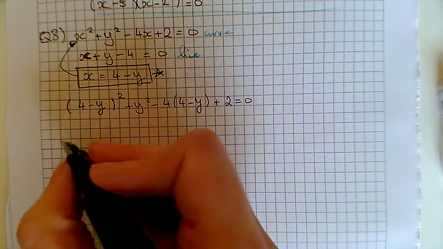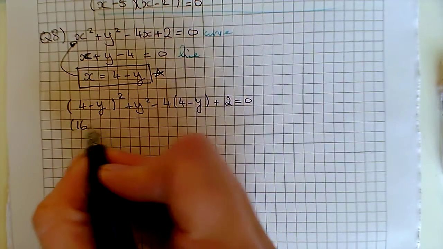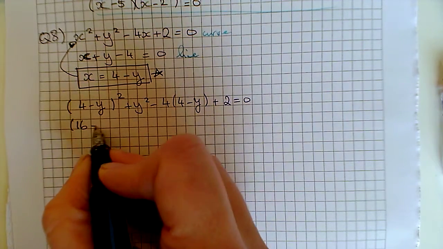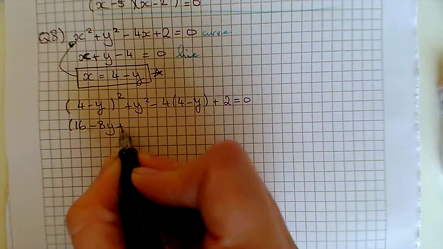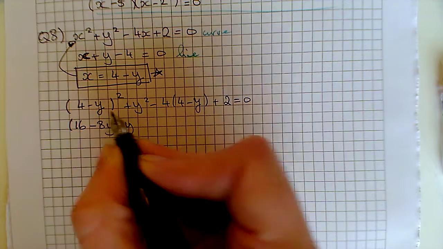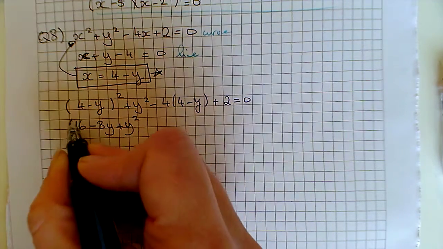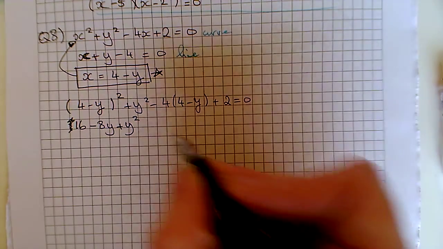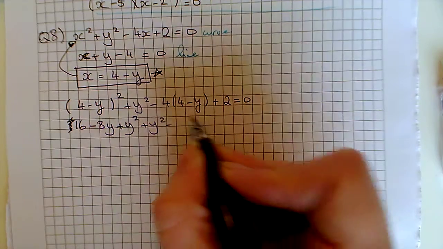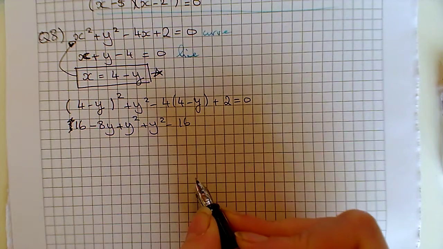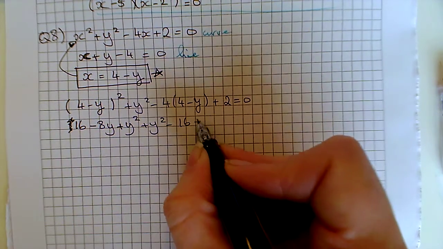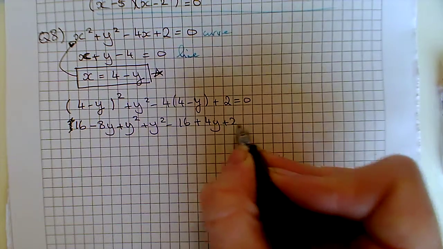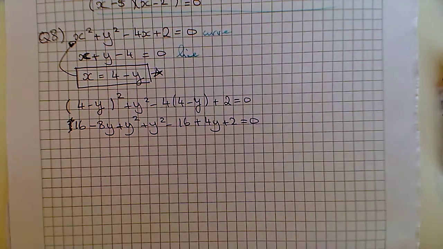Let's square out these brackets. 16, double the product, minus 8y, a minus y squared is a plus y squared. Squared out, the brackets are gone. Plus y squared, minus 4 by minus y, minus by minus is plus 4y, and minus 4 by 4 is minus 16, plus 2 equal to 0.